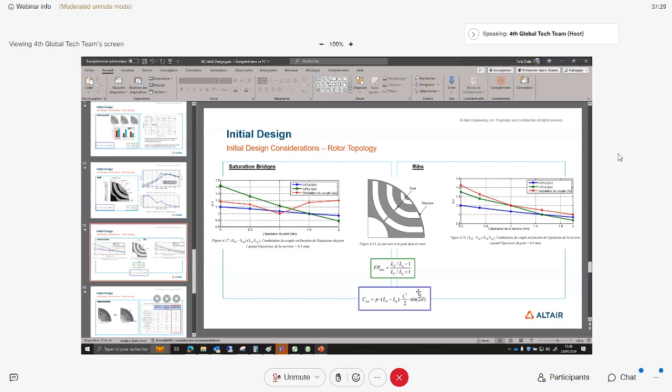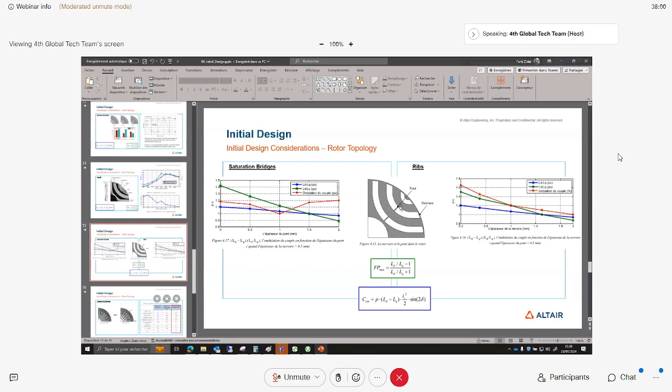Once again, we don't want to make the bridges larger, because it will make the life easier for the magnetic flux in this Q axis. This is not what we want. We want really no magnetic flux going on Q axis, but only on the D axis actually. But these bridges are mandatory from mechanical point of view.